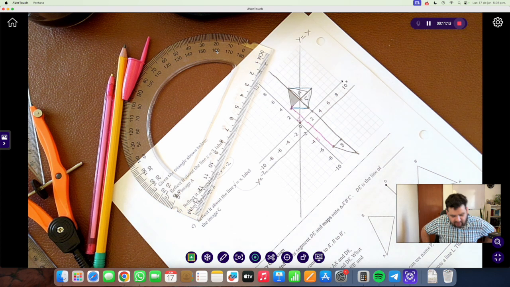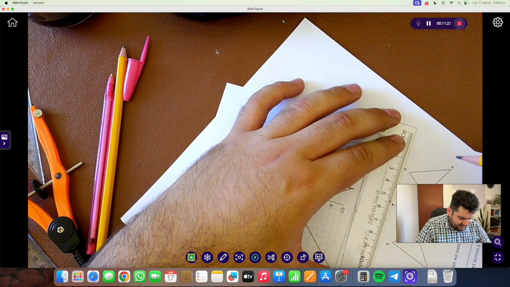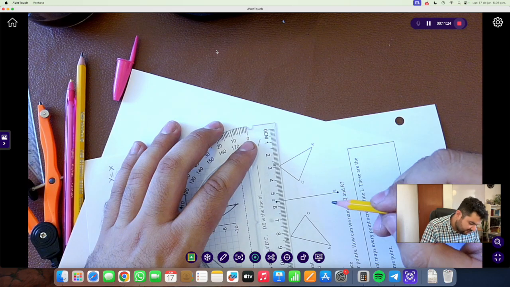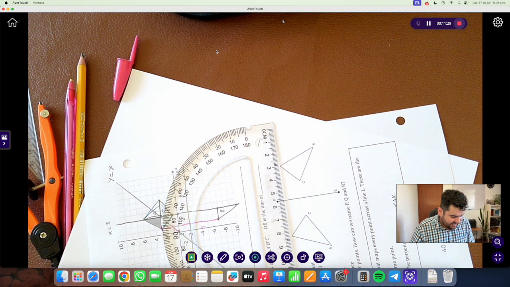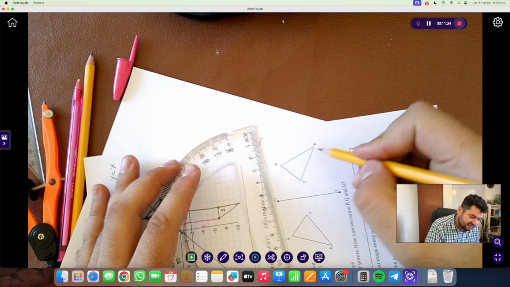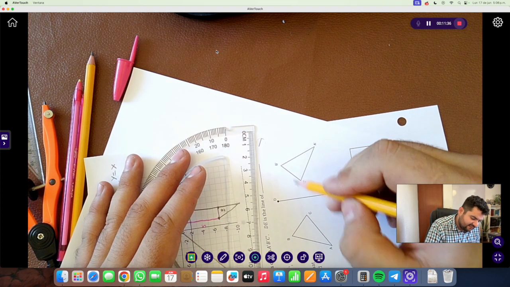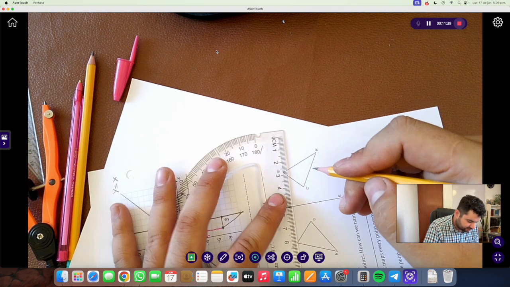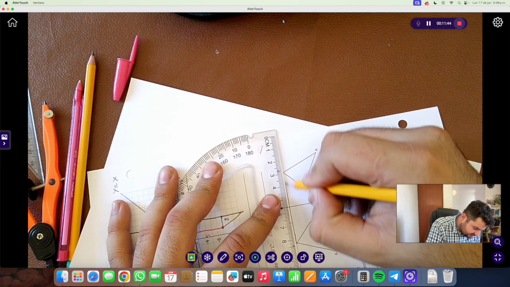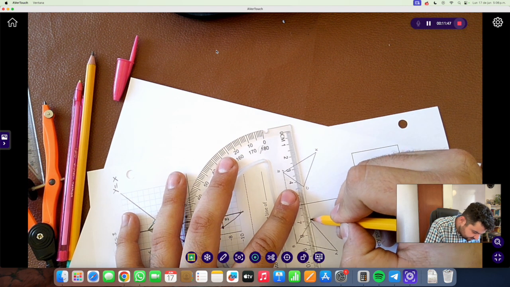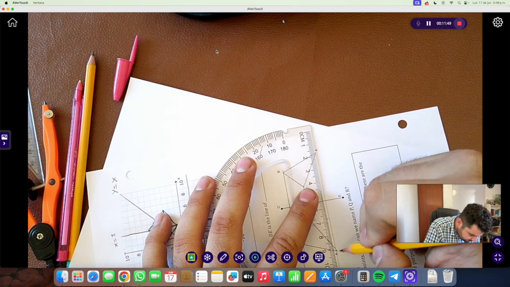Okay, so now we want to find a certain relation between the line of reflection and the two shapes that we get from it. So, for example, here I have ABC and A prime, B prime, and C prime. Remember, A prime, B prime, C prime is always the image. So this is the image, and here is the pre-image. So you connect the vertices, and what do you see?